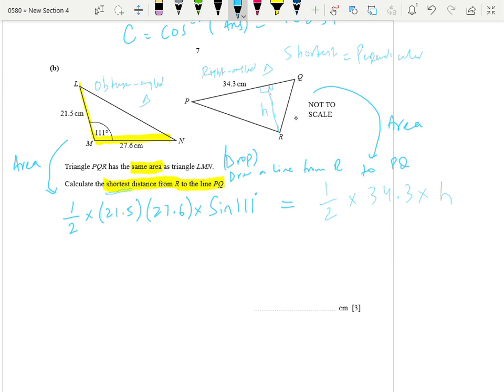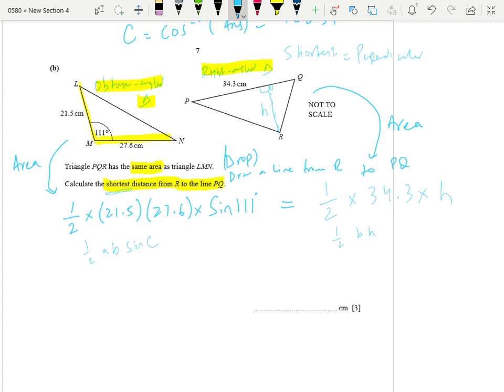The two formulas are different. This one is 1 upon 2 into ab sine c, and this one is 1 upon 2 into bh. And why are the two formulas different? Because of the type of the triangles. One is obtuse angled and the other one is right angled. Right, let's put it on the calculator and do the magic.